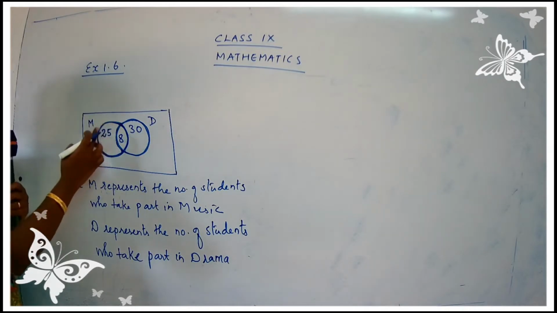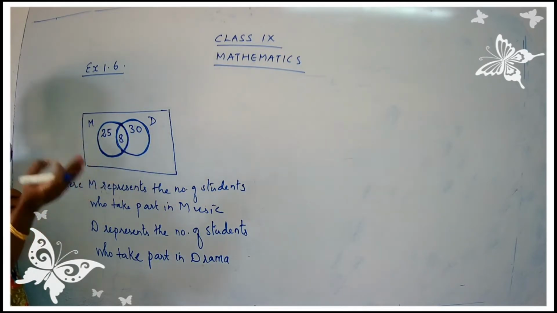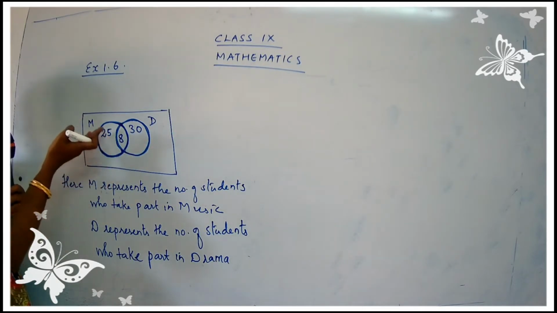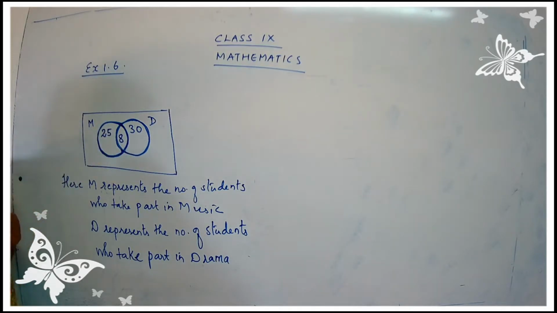Okay, so now we were having 2 sets. One was for music and one was for drama. Yes, children? And they have given you the information that 25 children are taking part in music and 30 students take part in drama, and 8 is for both music and drama. Now the question is to find out the number of students who take part only in music.